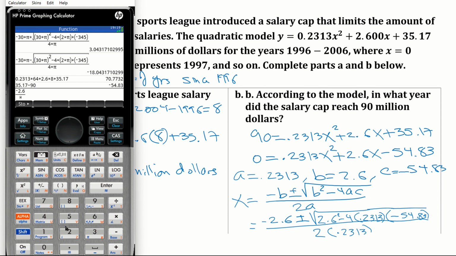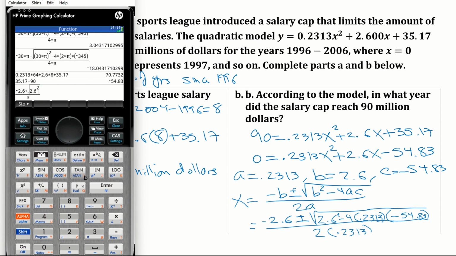I'll start with doing the plus case, and then I need shift x squared. So 2.6 squared, just type it exactly as you see it, minus 4, I'll open parentheses and put in 0.2313.